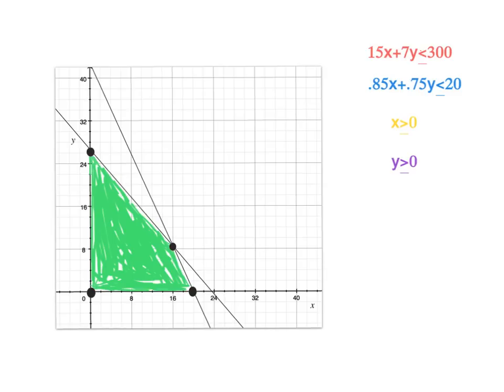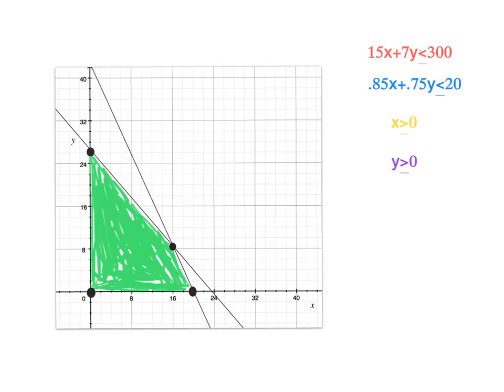Once you figure out where the overlapping colors are, you're left with this region right here in green. And you know that the intersection points of all of these lines are right here, right here, right here, and right here. This green region is what is called the feasibility region.